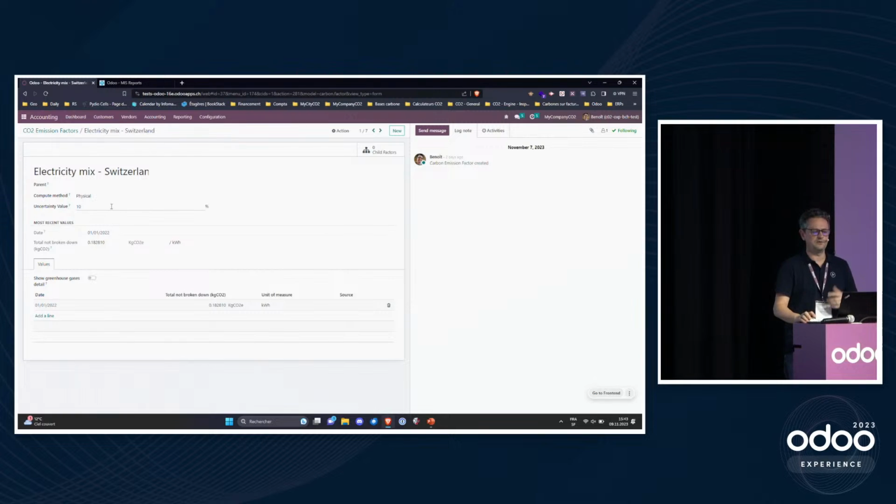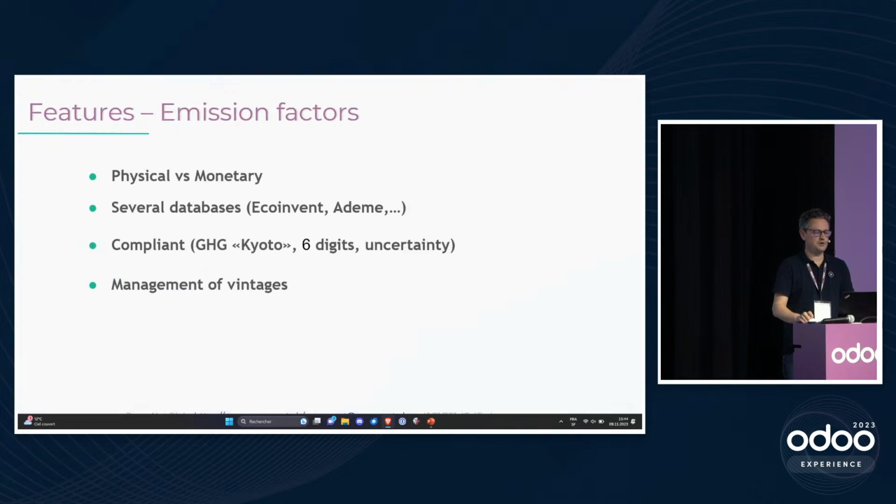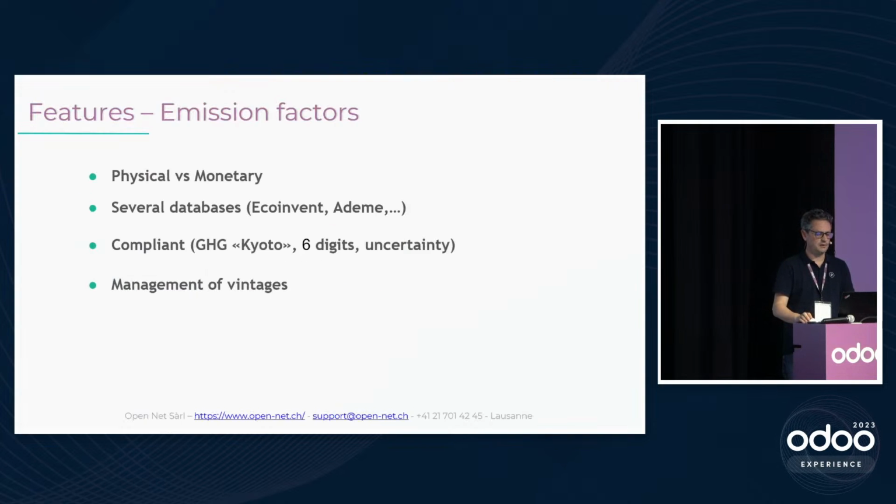You can define the uncertainty value and define all the vintages, because of course it can move over time. You can also define all the gases defined by the GHG protocol. This is the reference data. You can import many more, of course. It's up to you depending on the ones that you will use.